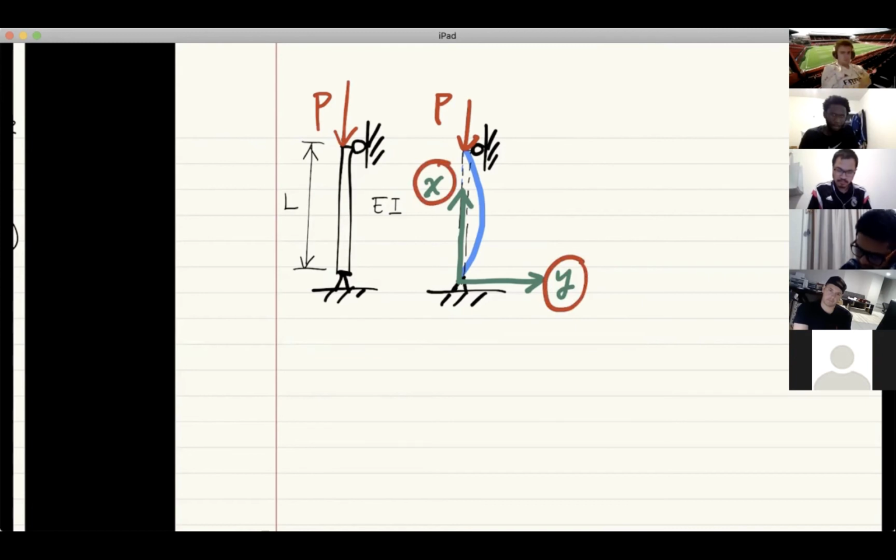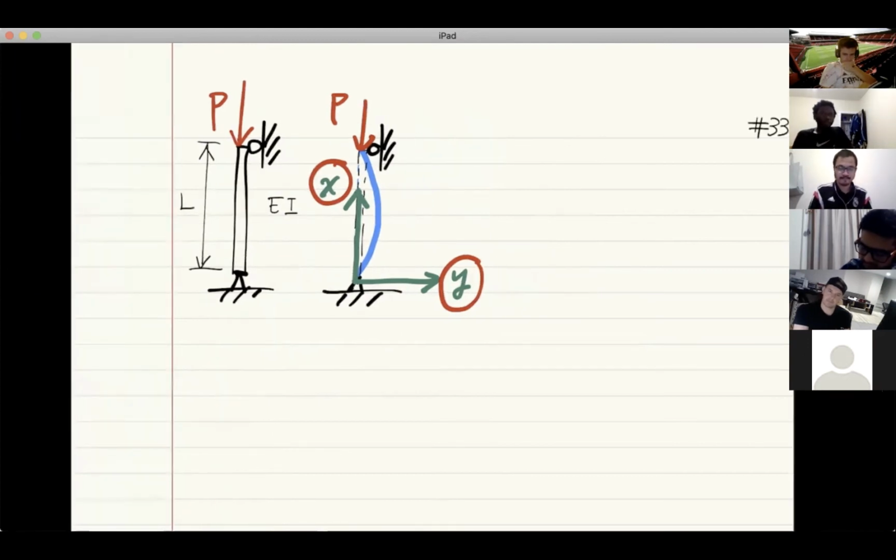Now tell me, in this kinematically admissible deformation profile, what is the curvature of this blue curve? Is it positive or negative? Negative. Very good. And that's why in this case, y double prime is less than 0.